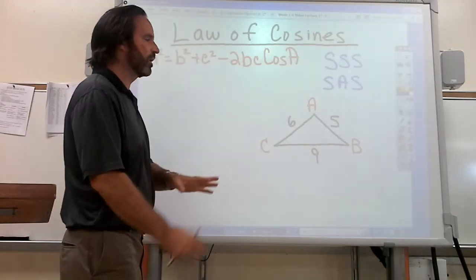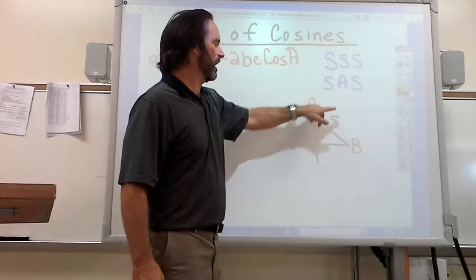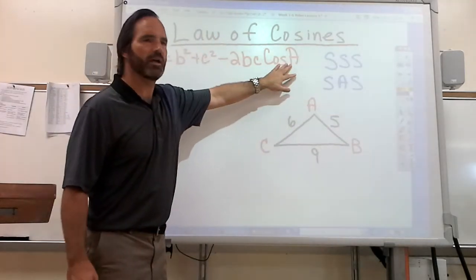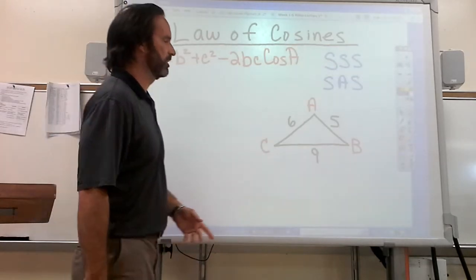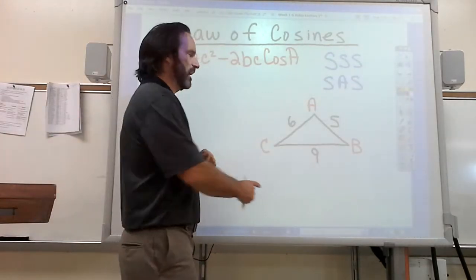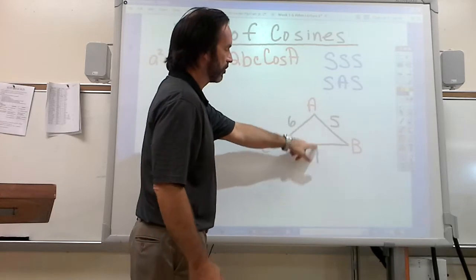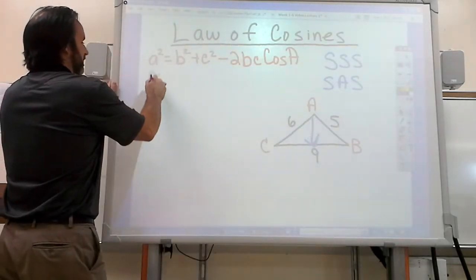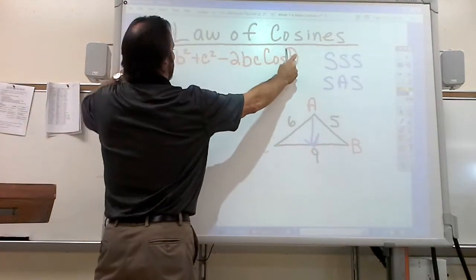All right? So we're going to side, side, side. We know all three sides, A, B, and C. What we don't know is angle A. So let's plug in our information. Again, we're going to solve for the biggest angle, A. So across from that is 9. So that's what we're solving for. This side goes with this angle right here.